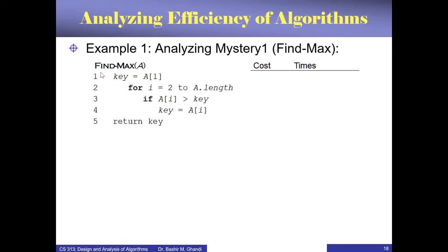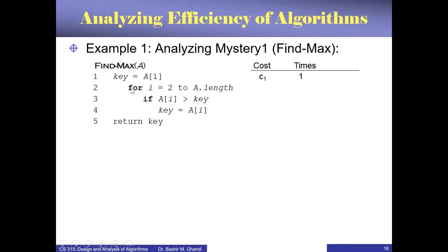It costs a constant time. Call it C1. And obviously this statement is going to be executed only one time, so the number of times here is going to be 1. So we have C1 as the cost of doing assignment, and 1 is the number of times we are doing the assignment. It's only one time.